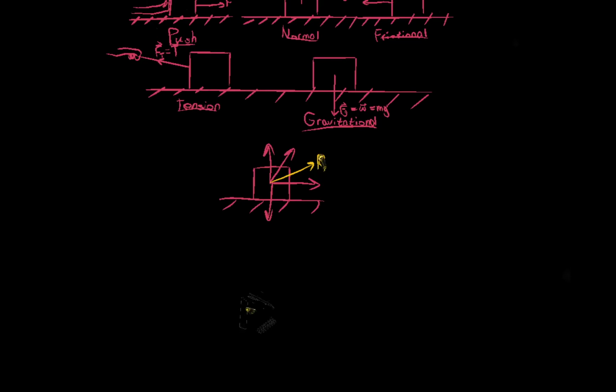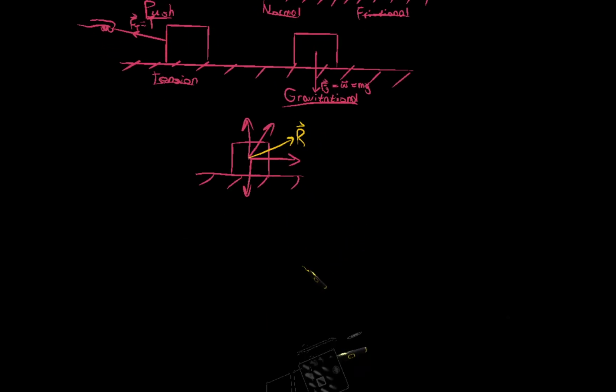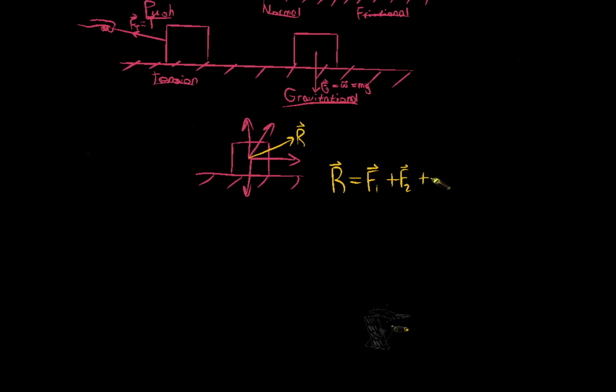And we'll call that r here. Let's just call that the vector sum of all the forces, just as an example. And so r, you can say, is equal to F1 plus F2, the other force, plus F3, another force, and so on.